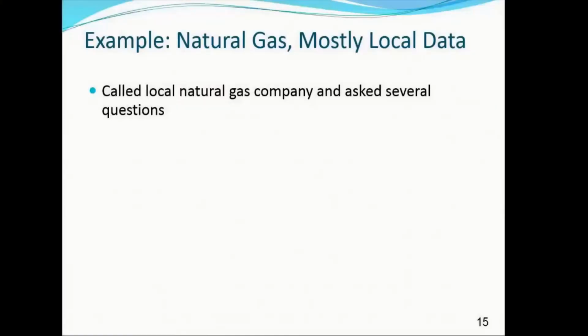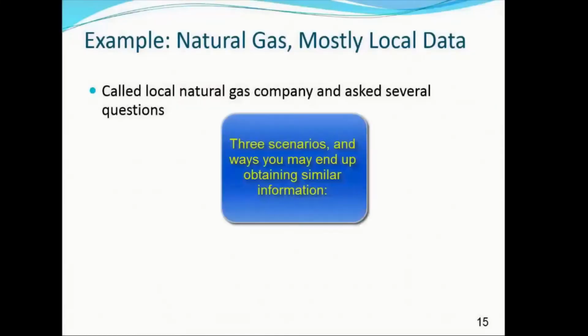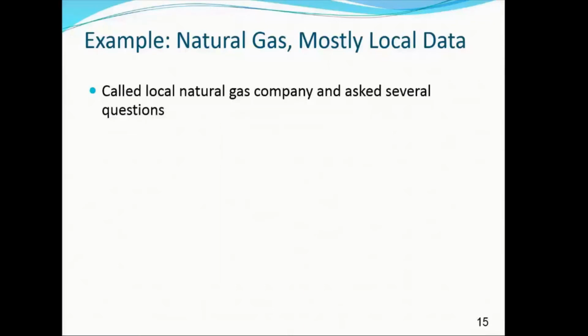What we're going to go through now is 3 scenarios. We're going to focus on residential heating, and we're going to use 3 examples of collecting data. The first example is natural gas with mostly local data.